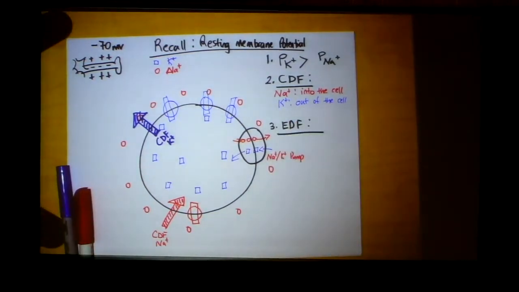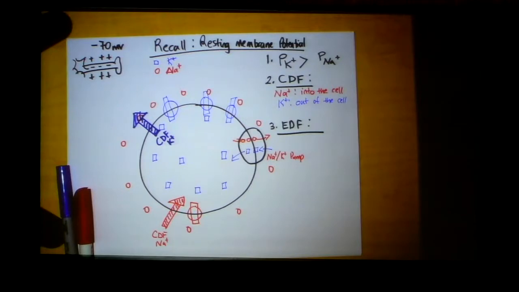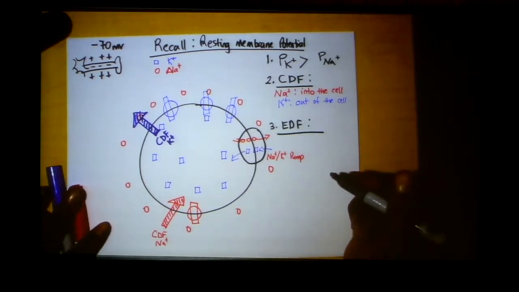Now, what determines the electrical driving force? This we talked about in Unit 1. What determines the electrical driving force?